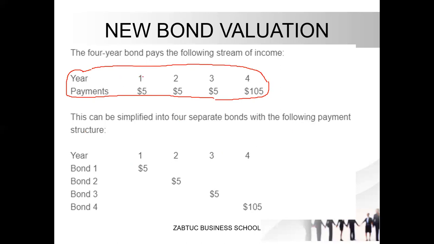This cash flow can be rewritten as a cash flow associated with a bond we call bond 1, which pays only one amount. That one is bond 2, which pays a single amount. That one is bond 3. And that one is bond 4.